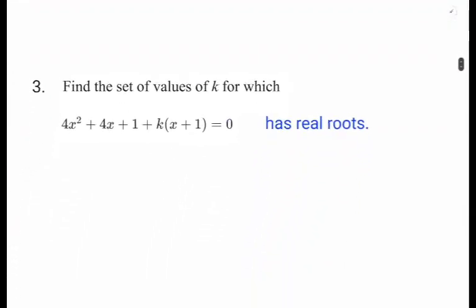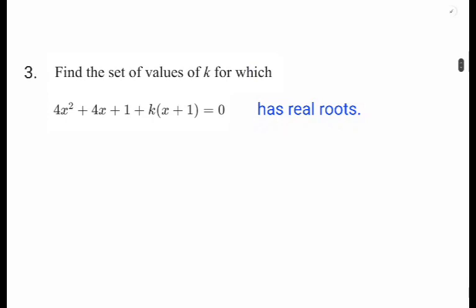For number 3, find a set of values of k for which this entire equation has real roots. Now before that, I just have to simplify this a little bit. So here you have 4x squared plus 4x, and then plus 1 plus kx plus k equals to 0.